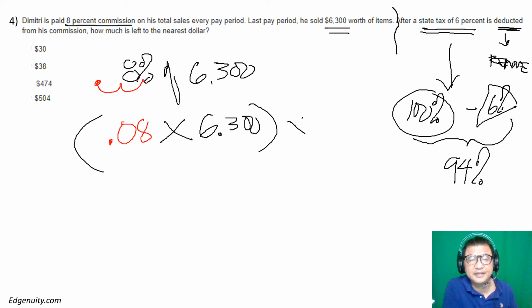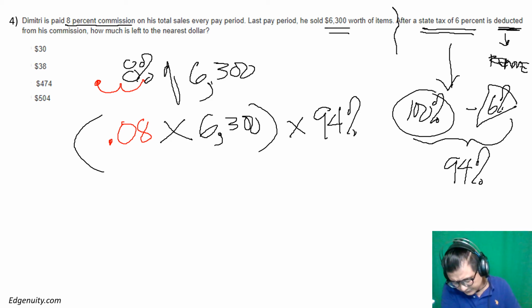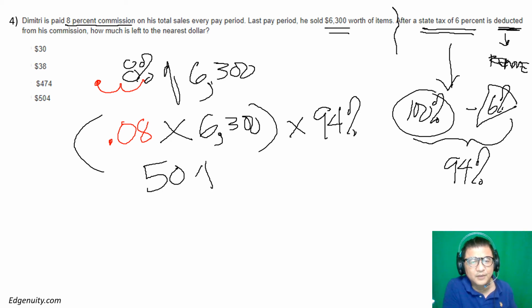So multiply that by 94%. Let's solve for the commission that he gets first. 6,300 times 0.08, you will get 504. Wow, that's good money, extra money, commission.